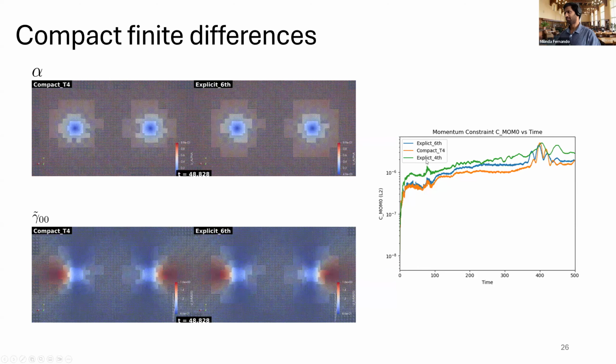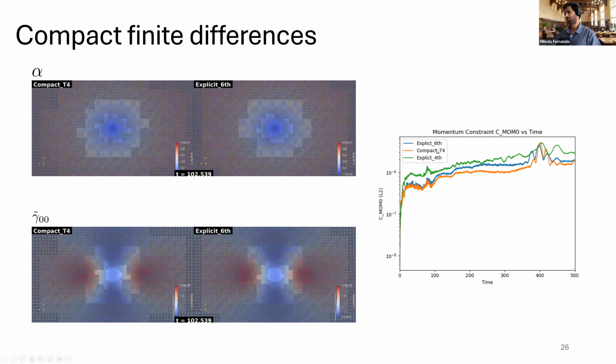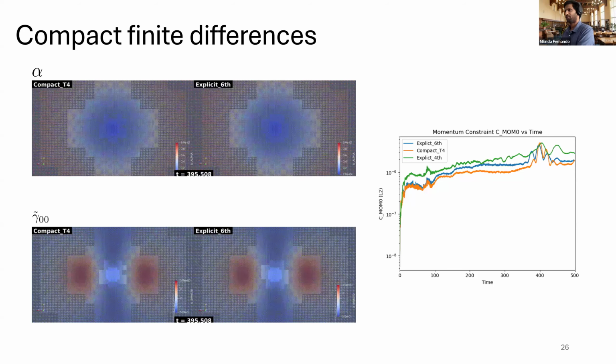You can take the compact T4, which has a lower stencil width compared to the explicit 6 scheme. So basically you can reduce the stencil size and achieve the same accuracy as an explicit 6th order finite difference scheme. These are some of the preliminary results, and we are still exploring this idea to reduce our stencil width, which can lead to more efficient simulations.